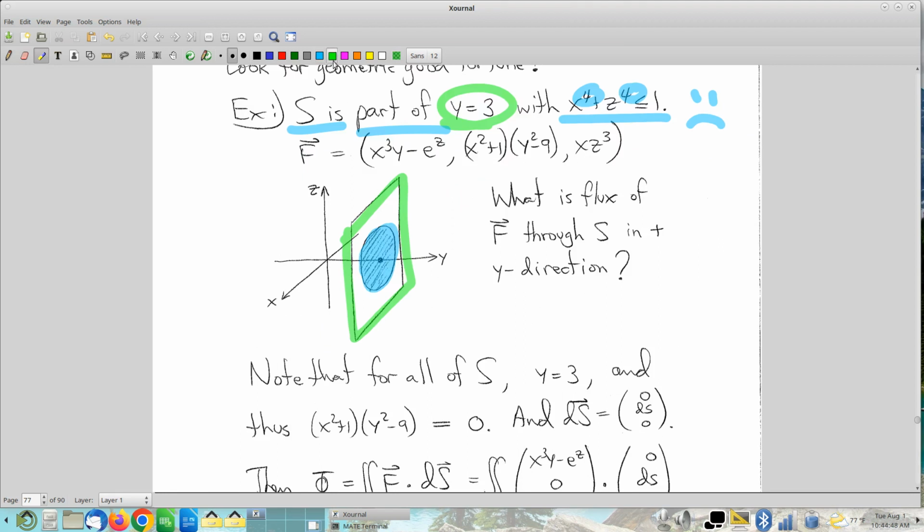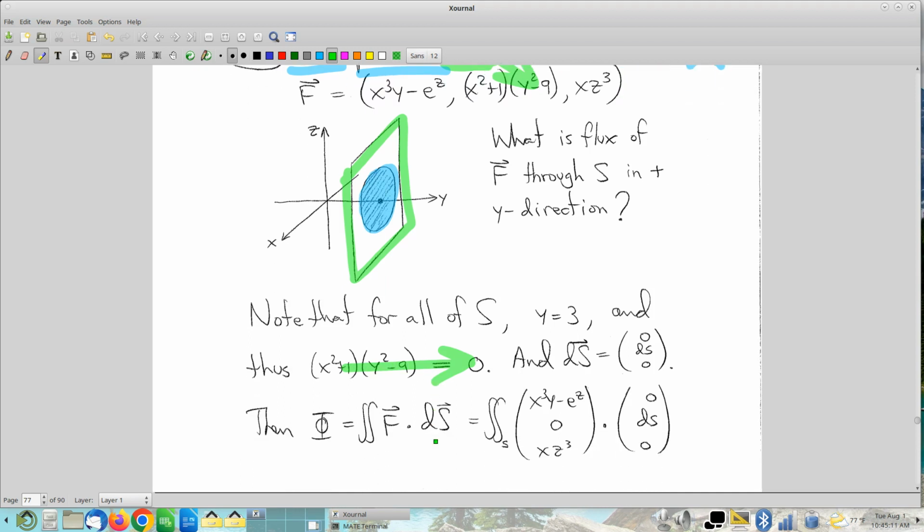Notice every point that I'm interested in my surface, they're all in that plane, y equals 3. That means that for my entire calculation, y equals 3. And if you plug in y equals 3 into there, you get 0.